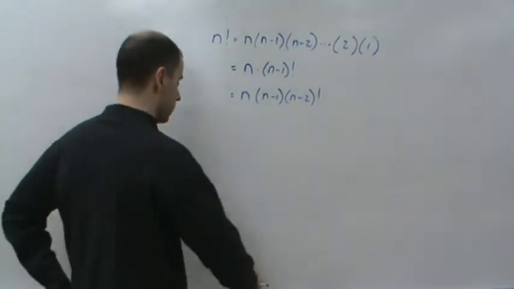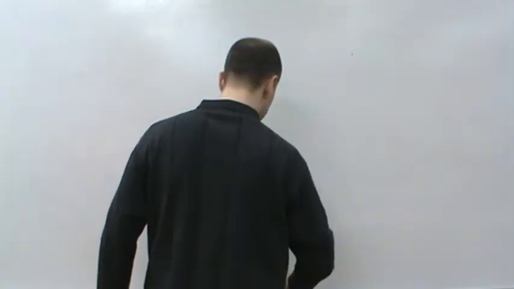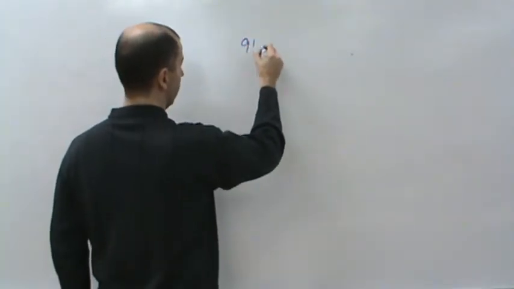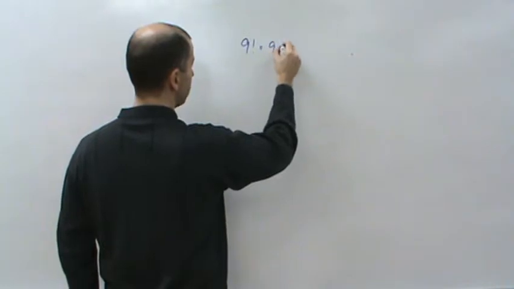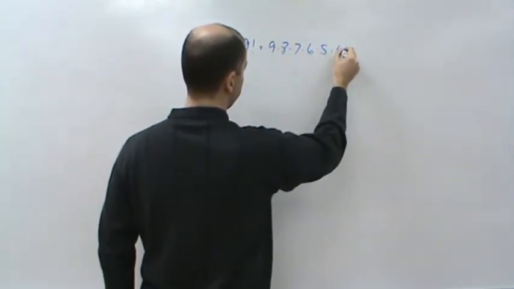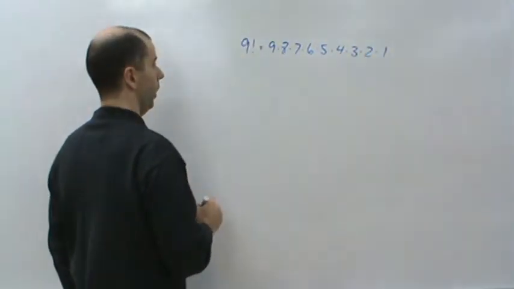So let's put some numbers to it. If I want 9 factorial, well, that's going to be equal to 9 times 8 times 7 times 6 times 5 times 4 times 3 times 2 times 1. Okay.